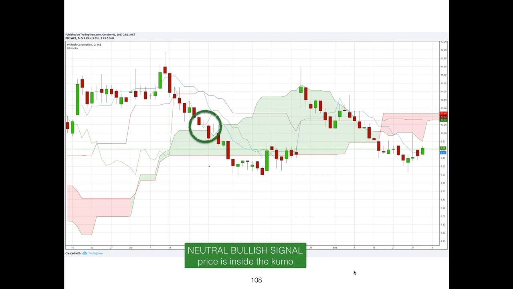It went above the price, but the current price is inside the Kumo. So 26 periods forward, the price is inside the Kumo. Therefore, it is a neutral bullish signal. So we're not talking about the area of the price when the Chikou Span crossed, but the price 26 periods forward.